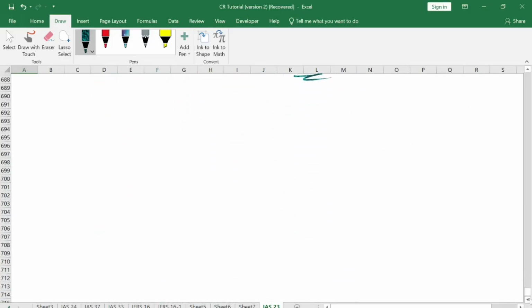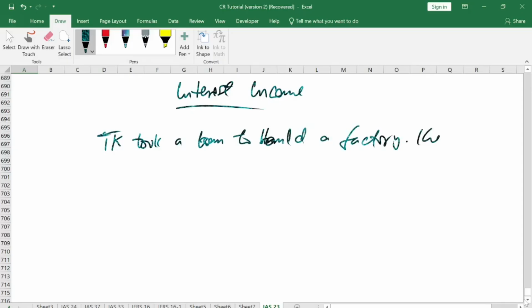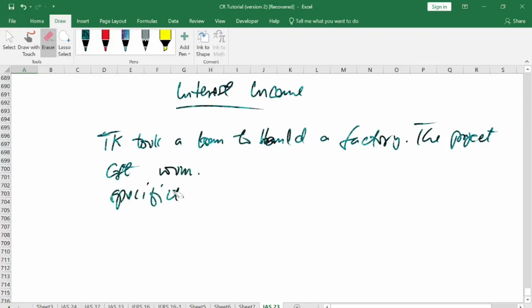Now let us look at something in the area of interest income when it comes to borrowing cost. Example, TK took a loan to build a factory. The project cost 100 million. Specific loan was 80 million at 10%.